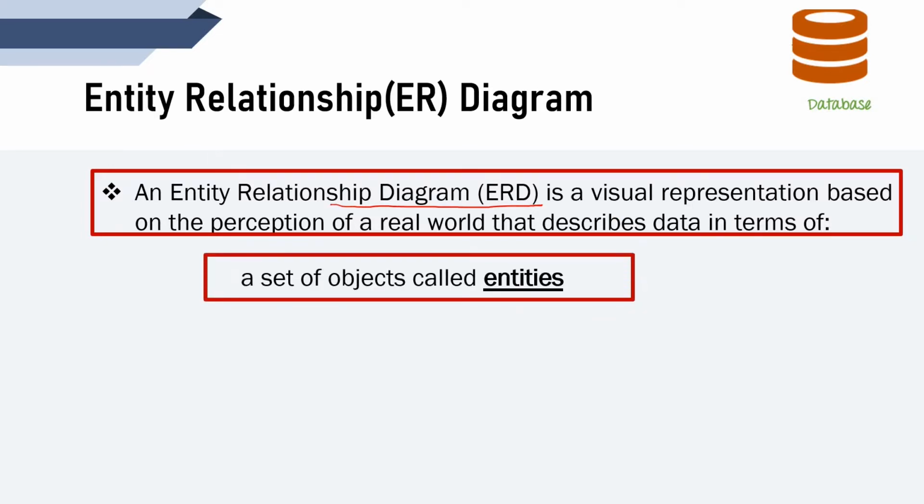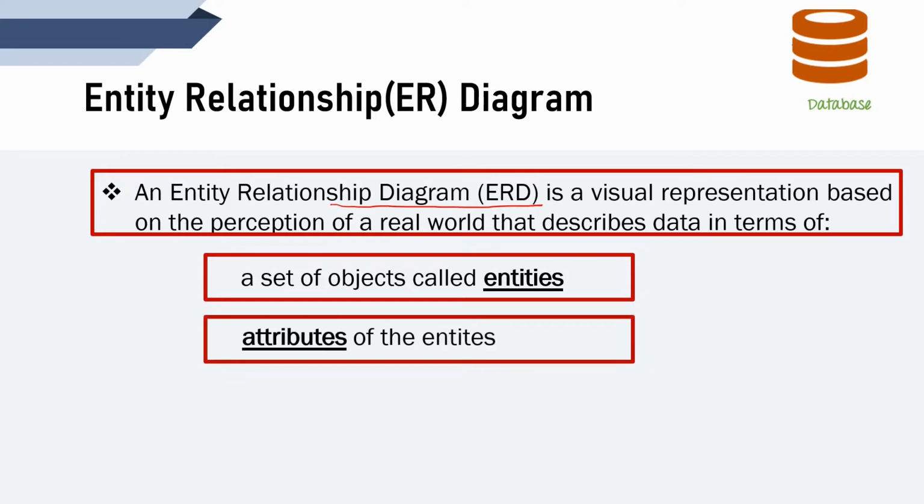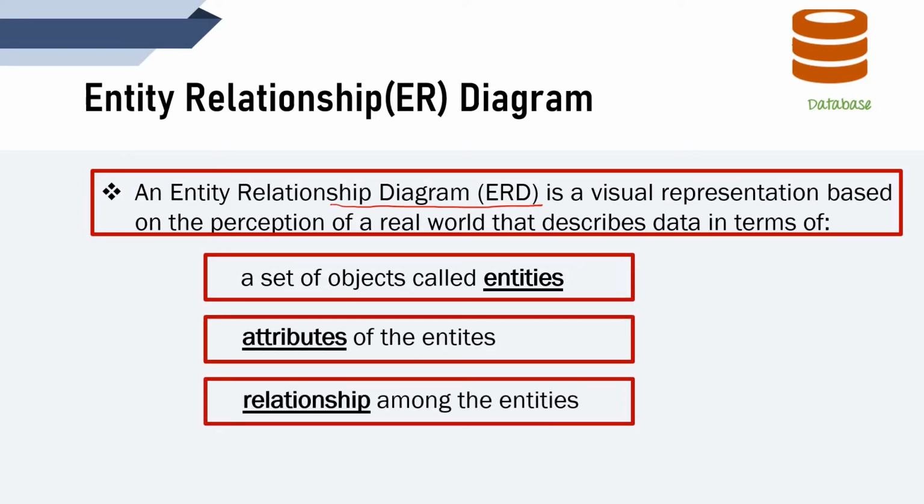One is the entities, second one is the attribute of the entities, and third is the relationship among the entities. So ER model or ER diagram is a graphical tool where we are showing the entities, relationship of entities and entities attributes in order to create a database.